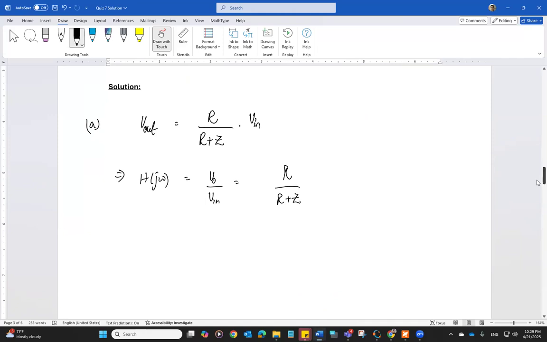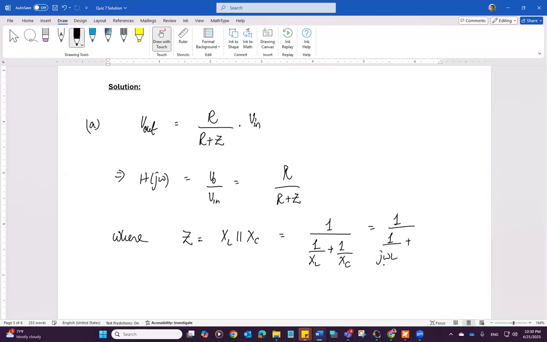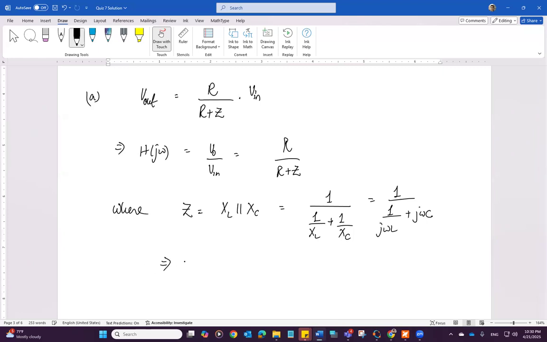Now Z is the parallel combination, where Z is equal to XL parallel to XC, which we can write as 1 over 1 over XL plus 1 over XC. 1 over j omega L plus 1 over XC, where XC is 1 over j omega C. So 1 divided by 1 over j omega C is simply going to become j omega C. And if I simplify it further, then Z will be equal to j omega L over 1 plus j omega L times j omega C, where j squared is -1, giving 1 minus omega square LC in the denominator, and j omega L in the numerator.